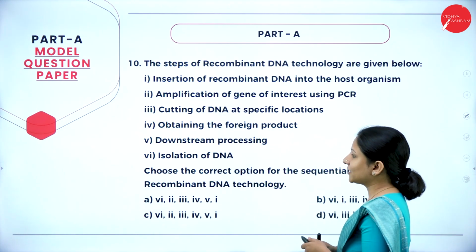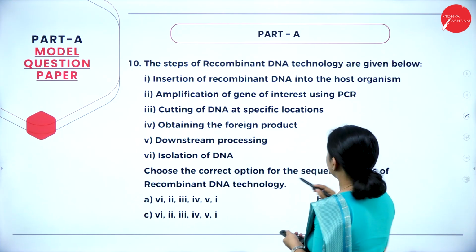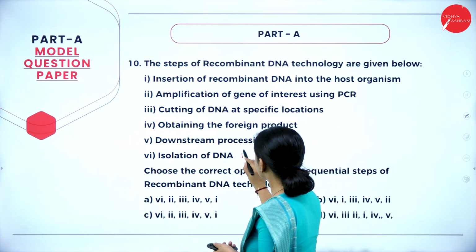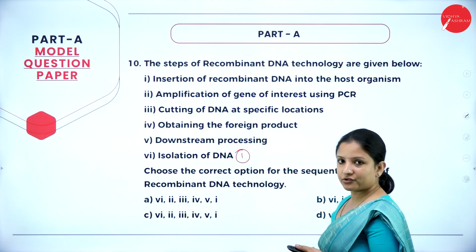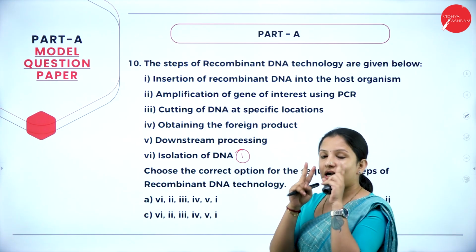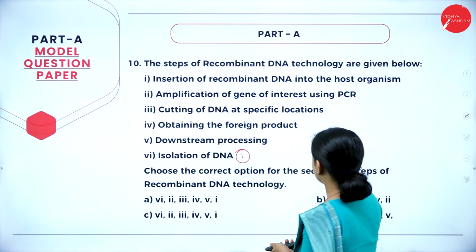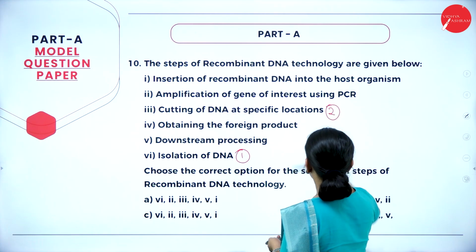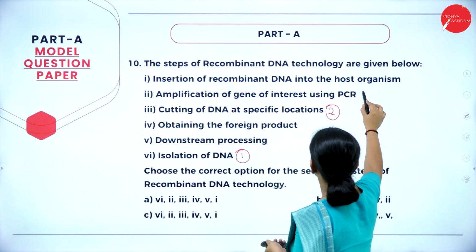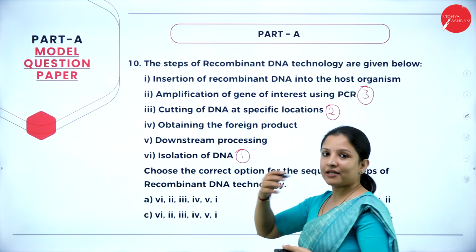The answer starts with isolation of the DNA. First we need to isolate the DNA. After isolating the DNA, we need to cut the strand that we need, right? So the second one is cutting. After that, the cut strand should be increased in number.